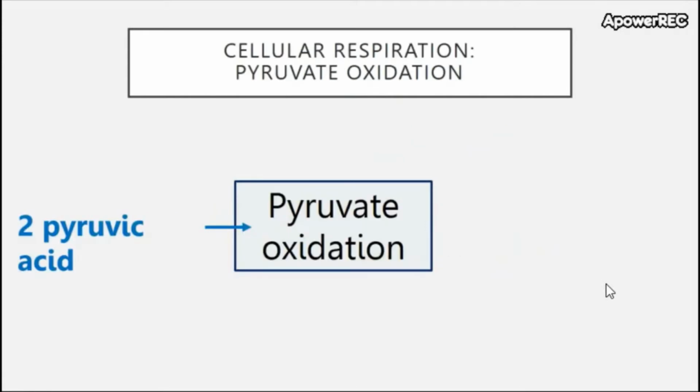In pyruvate oxidation, it's a one-step process that takes your 2 pyruvic acids, which are your 2 3-carbon molecules, and for each one you get an NADH. So since there are 2 of them, you get 2 electron carriers, 2 NADHs.